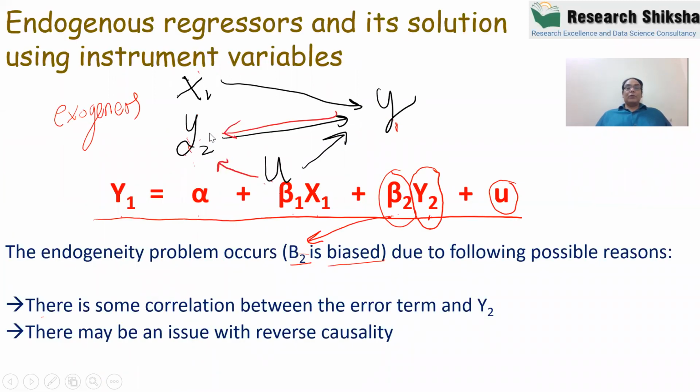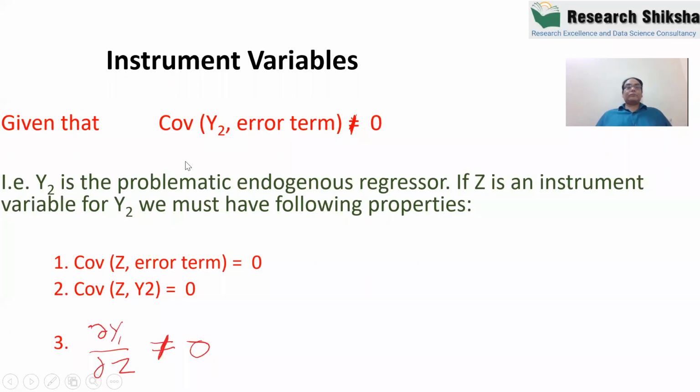So if you remember, I told you that this error term is found to be correlated with y2. Suppose y2 is correlated with the error term, and because of this correlation, the endogeneity is there in the model. So how to solve it? This can be solved with the help of some instrument variable. So here I am assuming that there is one independent variable we have in the data, which can be assumed to be the instrument variable.